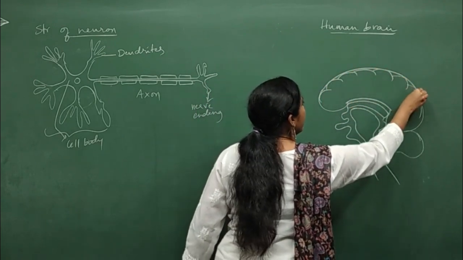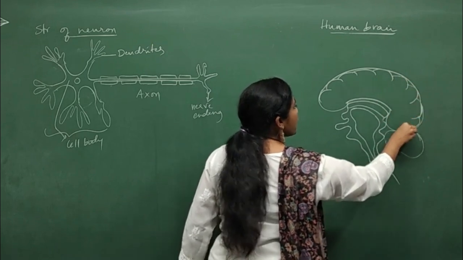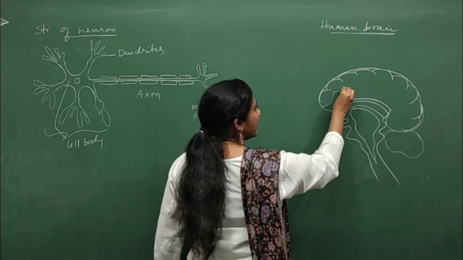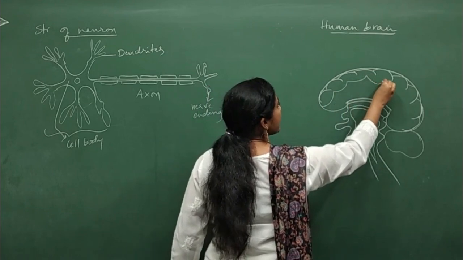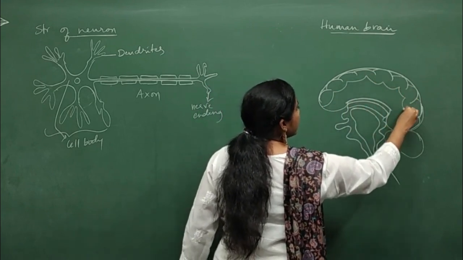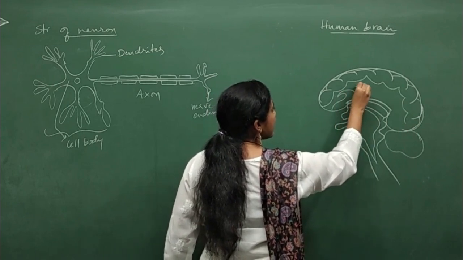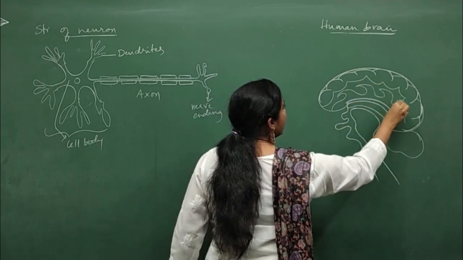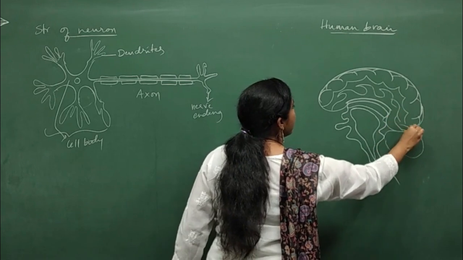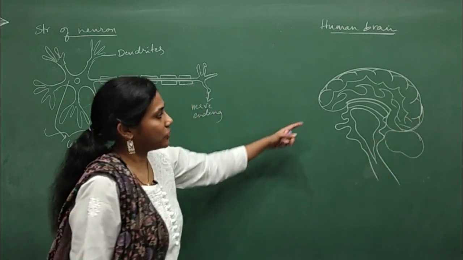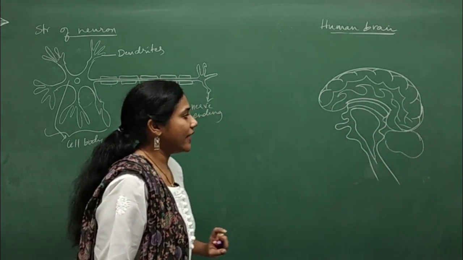Take it this way. C-shaped structures, and then again in the opposite direction, something like this. Okay, and then something like this. That's it. Right? However way you want. It doesn't have perfect shapes actually, right? Say this is what we have done.